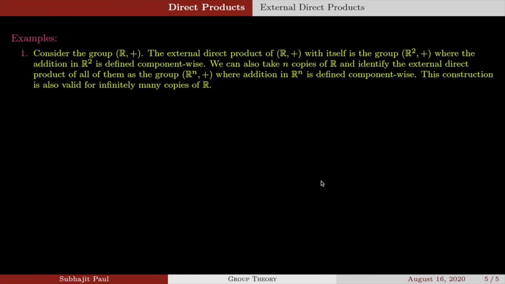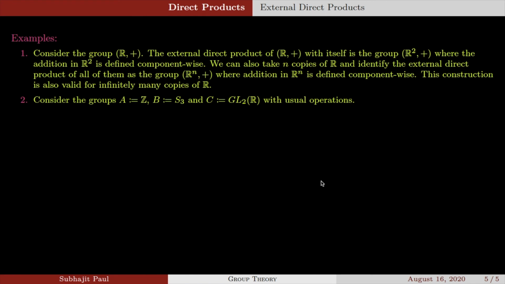Now, the next example is a little bit not so organic, but I have included it to show that this operation can be as general as possible.